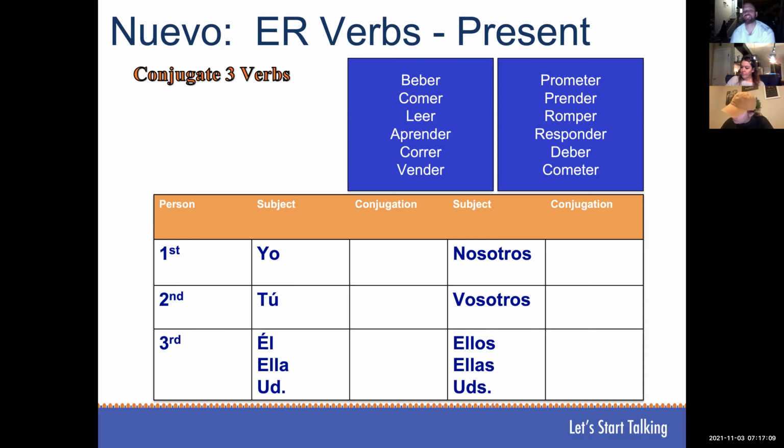Okay, so let's conjugate 3 of these. We'll start with you, Carly. Yo bebo, tú bebes, él bebe, ella bebe, usted bebe, nosotros bebemos, ellos beben, ellas beben, ustedes beben.